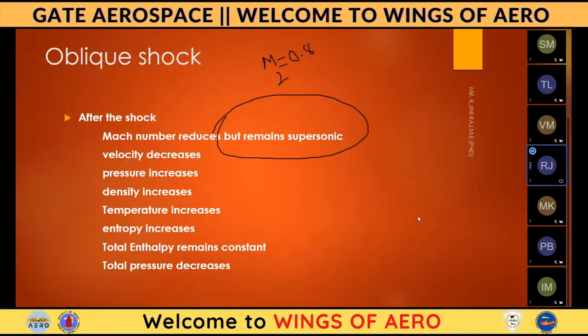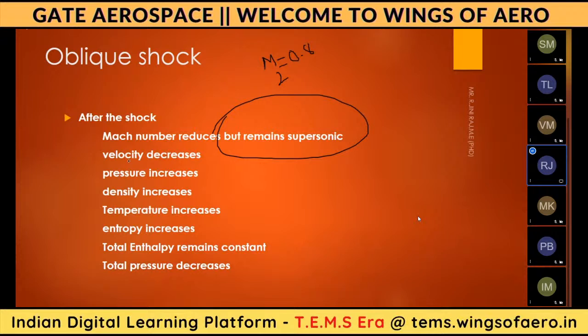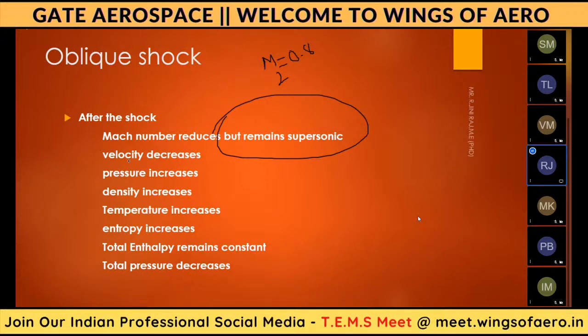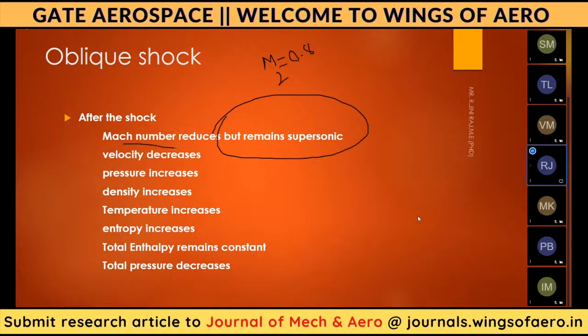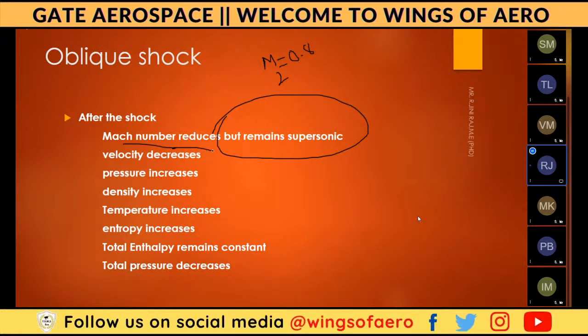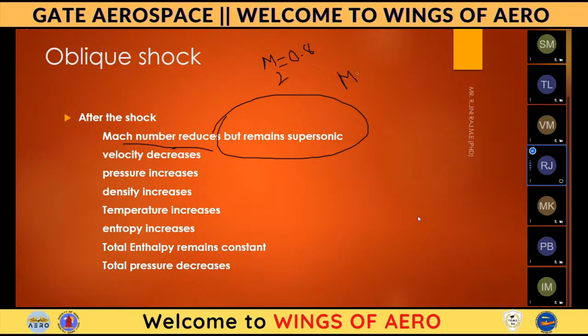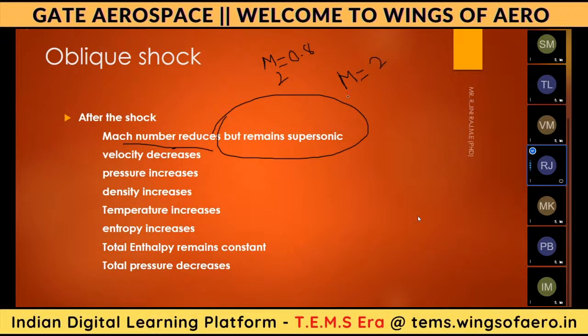Velocity decreases, pressure increases, density and temperature increase, and all other things remain the same. If you have supersonic speed, Mach number equal to 2, after the oblique shock the Mach number will become 1.1, 1.2, like this.